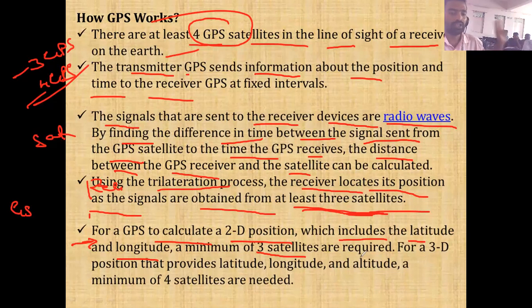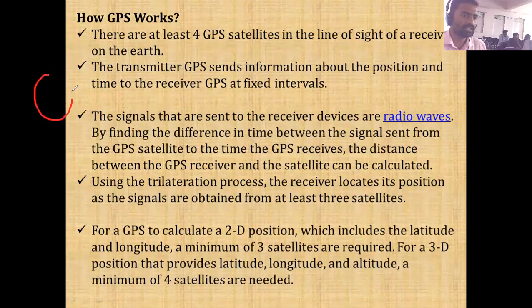For a 3D position that provides latitude, longitude, and altitude, a minimum of 4 satellites are needed. Now, can you tell me what is latitude, longitude, and altitude? If you take the Earth surface, these are latitude, correct? And these are longitude, correct? Vertical lines.